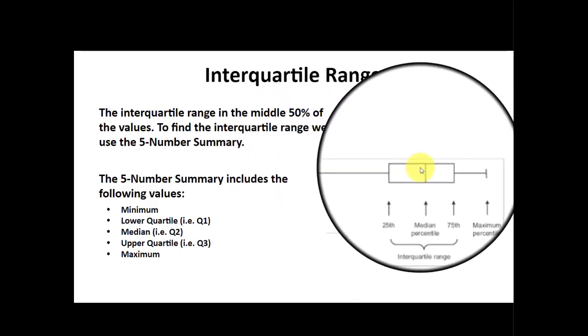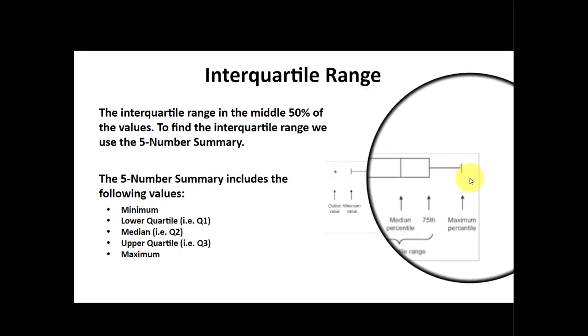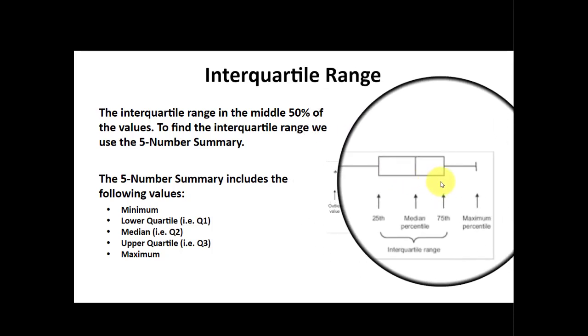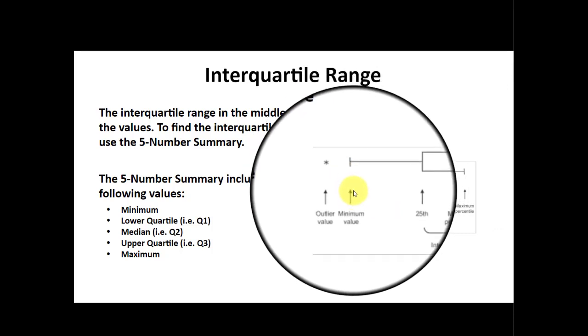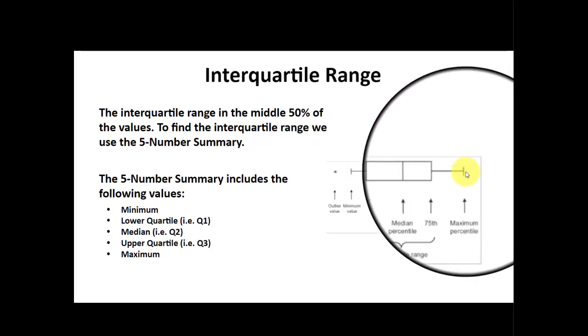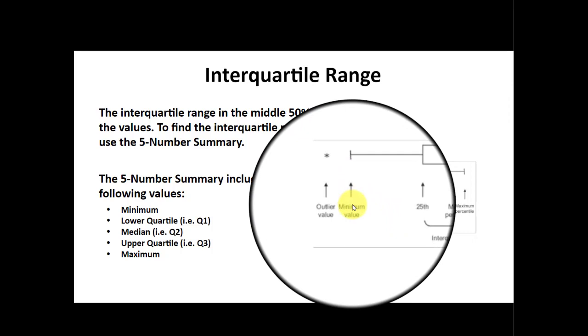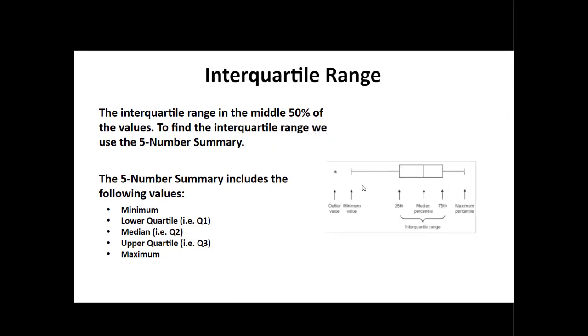Each one of these vertical lines describes one of the 5 numbers in the 5-number summary. The box represents the interquartile range, and the range is the difference between the maximum and minimum values. The 5-number summary breaks up the data into 4 parts, and each part has an equal number of values.